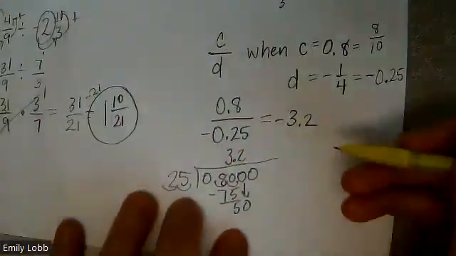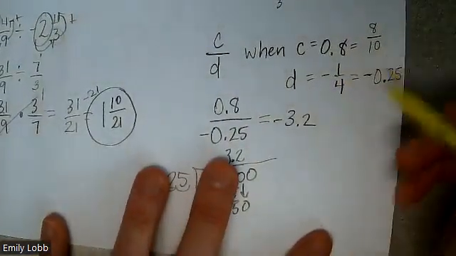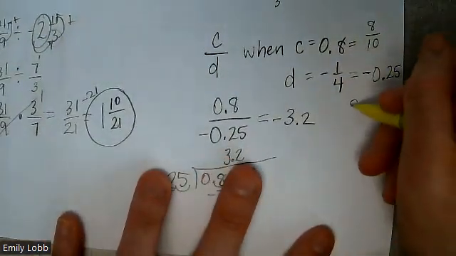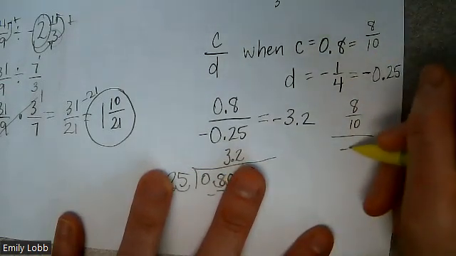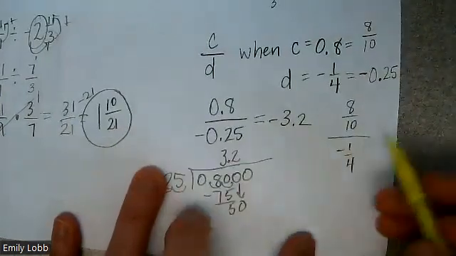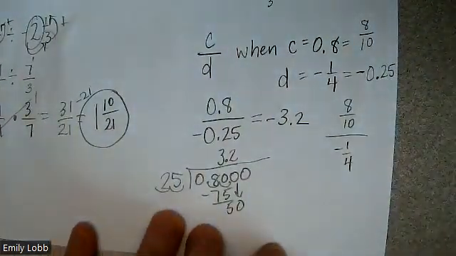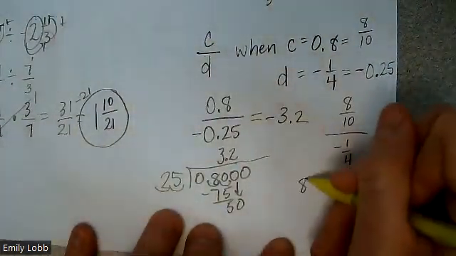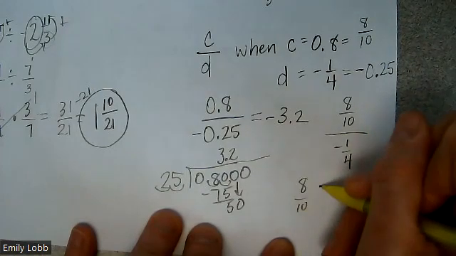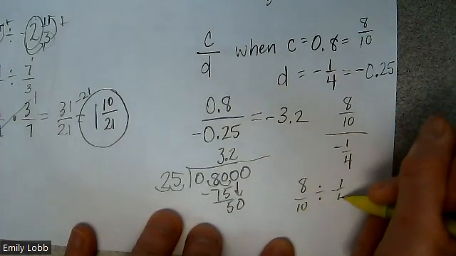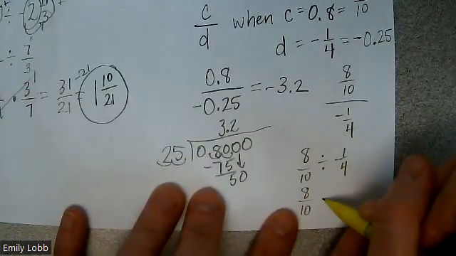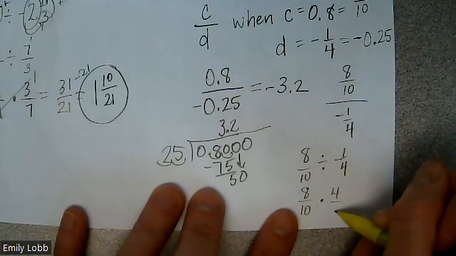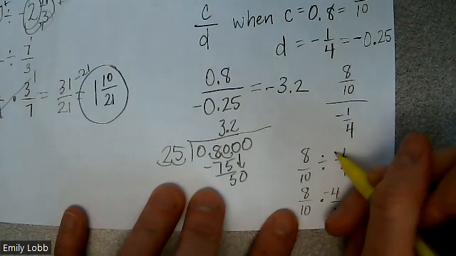All right, the other way we would do this, if you used your fractions, you would have 8/10 big fraction bar and negative 1/4. Remember that fraction bar means divided by, so I have 8/10 divided by negative 1/4. Keep, change, flip. This is negative, right?